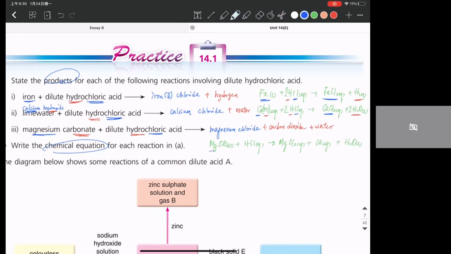Okay, magnesium chloride, carbonate, hydrogen ion, CO2, and H2O.